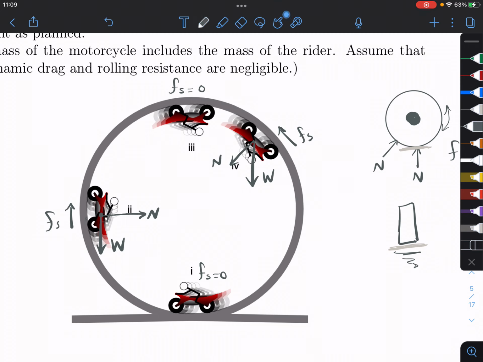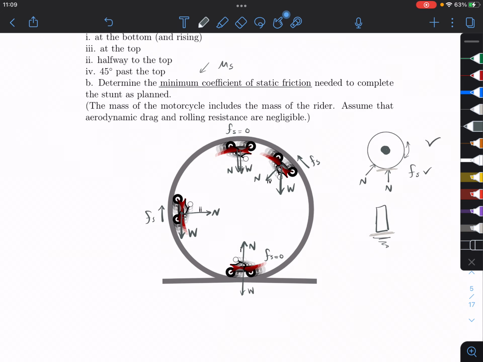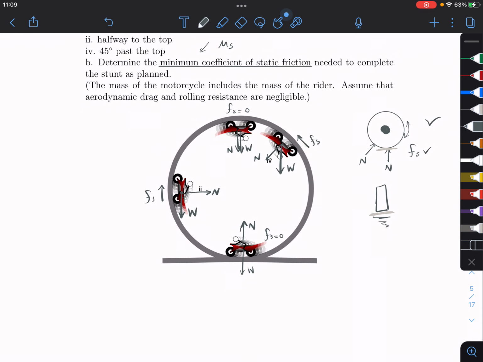Same thing here. The normal force and the weight, I know this is very bizarre, are pointing in the same direction. And here I have the weight and then the normal force going up. On Fs, I wouldn't need any friction here. Okay, cool.